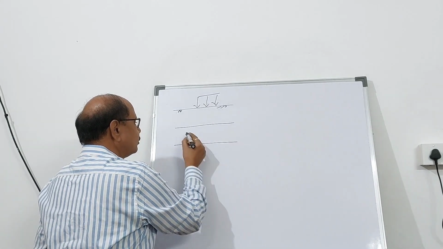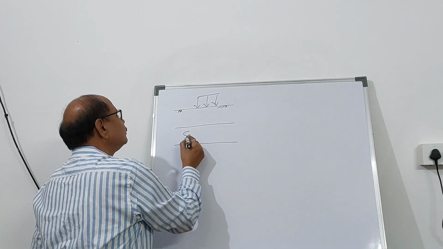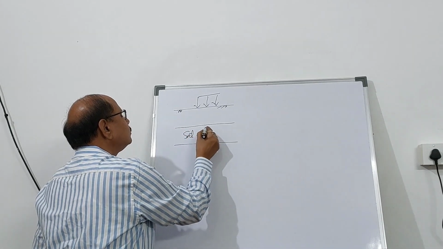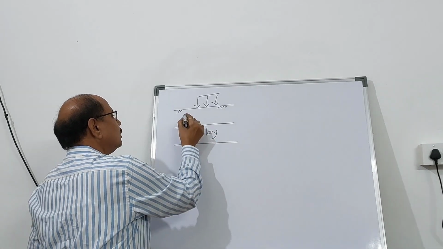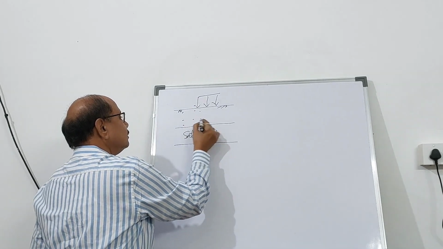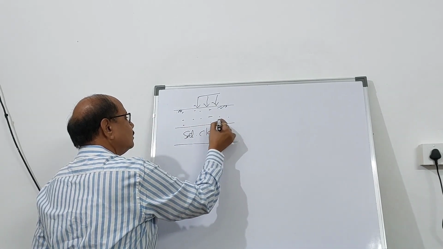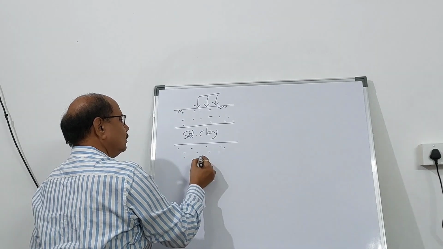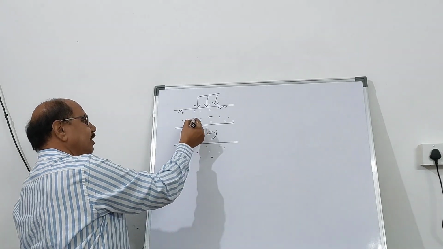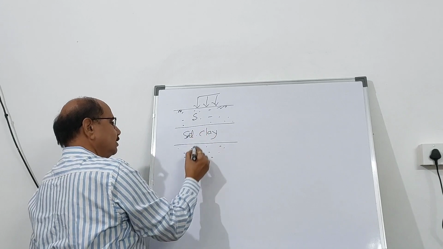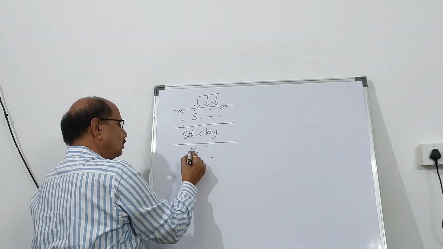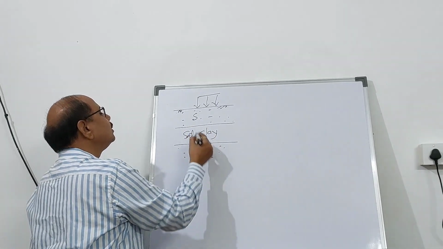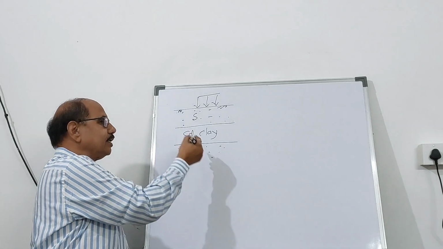Let's say this is the saturated clay, and it has sand both at the top and its bottom, then it will have double drainage.